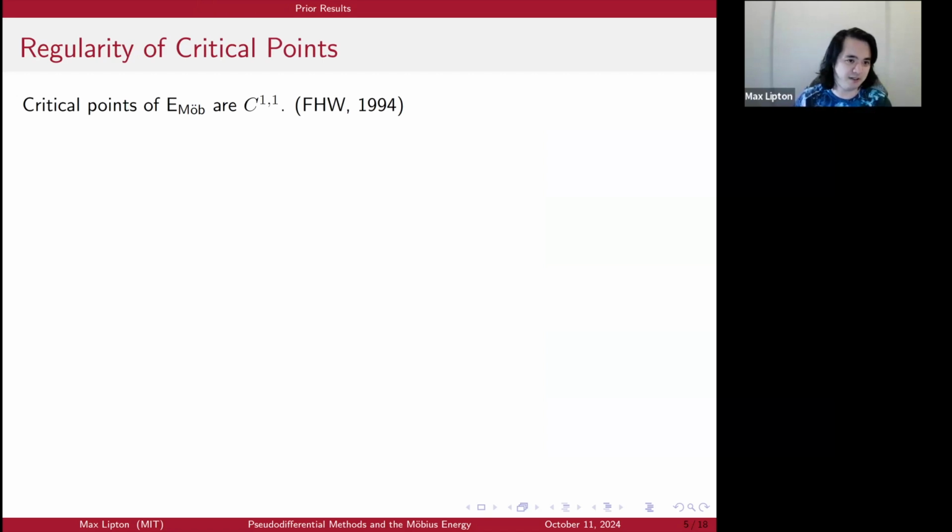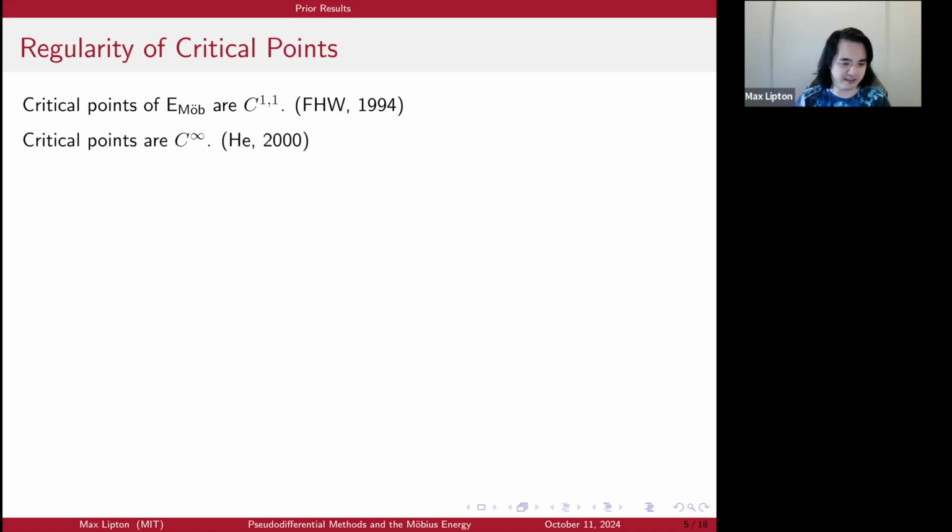Okay, and so the main point of Freedman, He and Wang's paper was that the critical points are C^{1,1}. That is, they are continuously differentiable and they have a bounded derivative. So that was in the original 1994 paper.